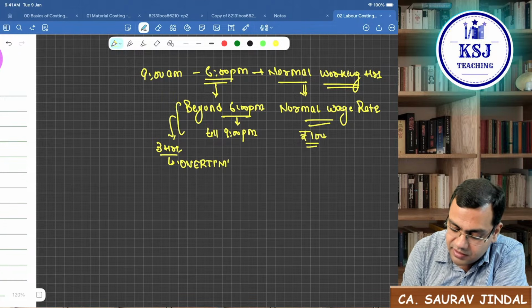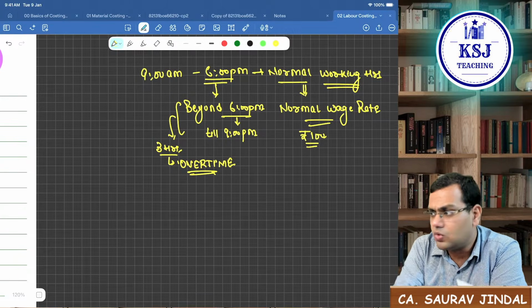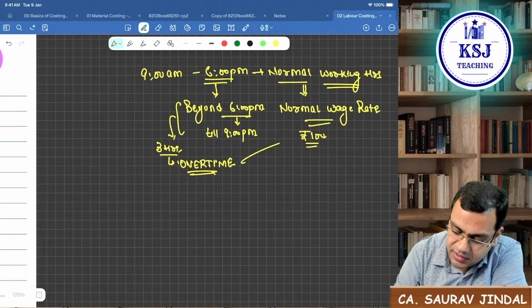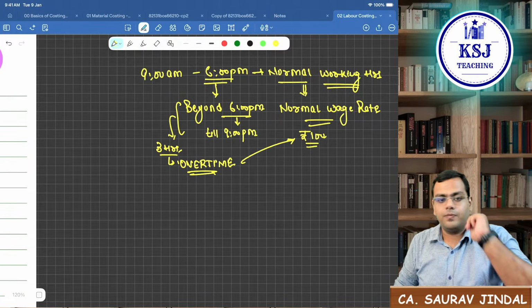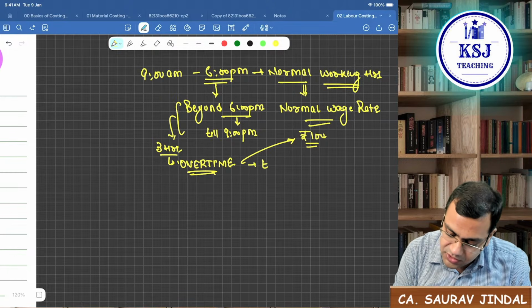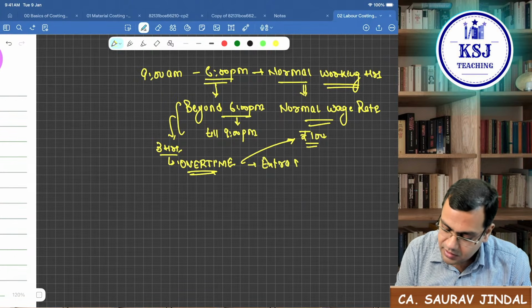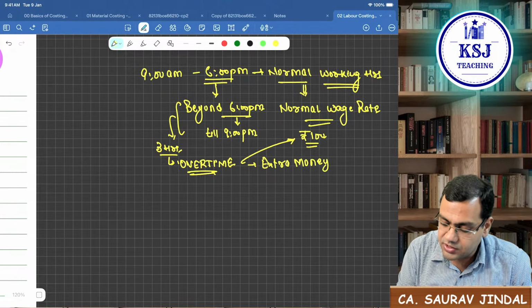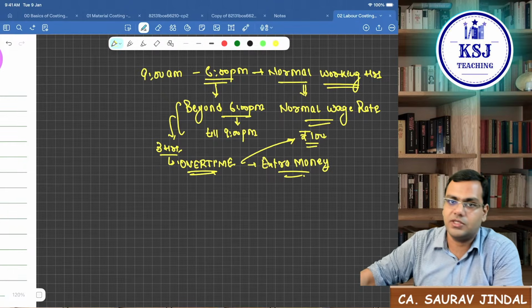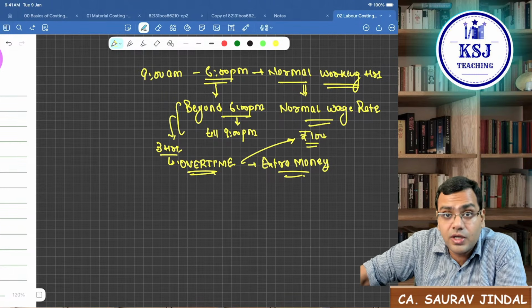Now will this worker be satisfied with the 100 rupees for this overtime? No. He will ask for extra money for these 3 hours. He will be expecting more than 100 rupees.